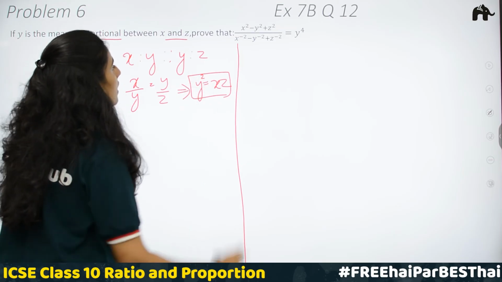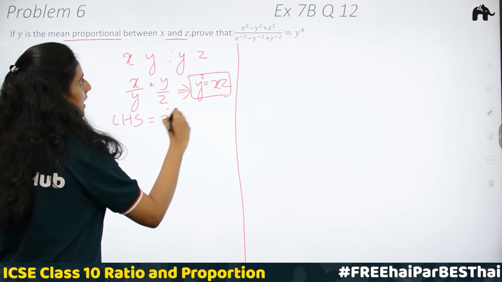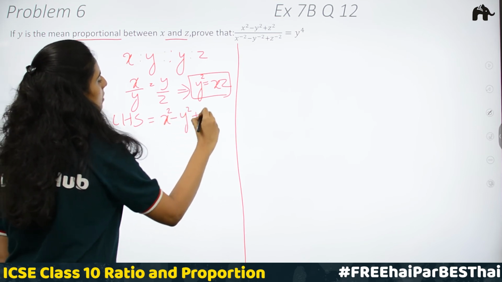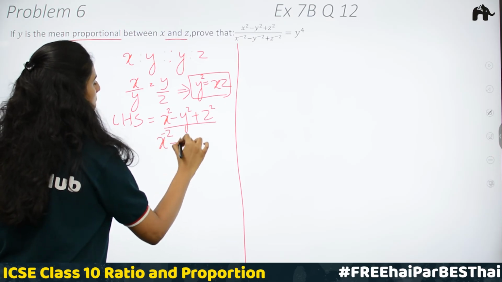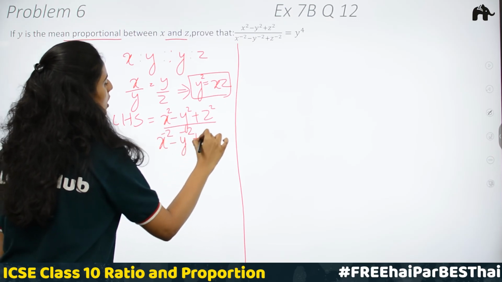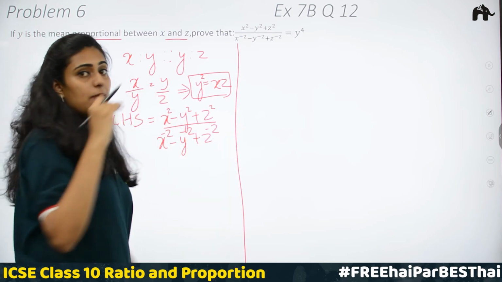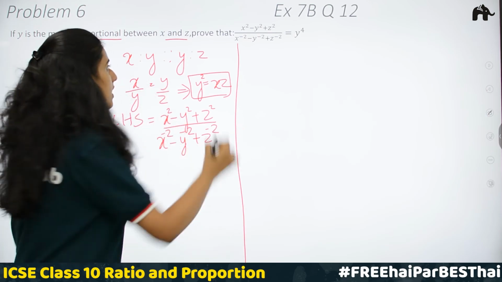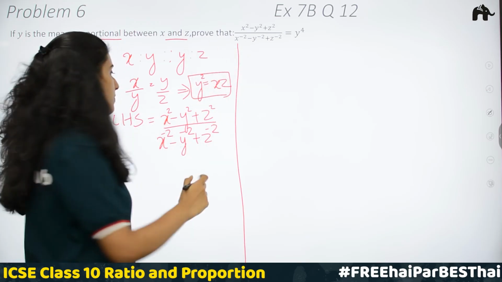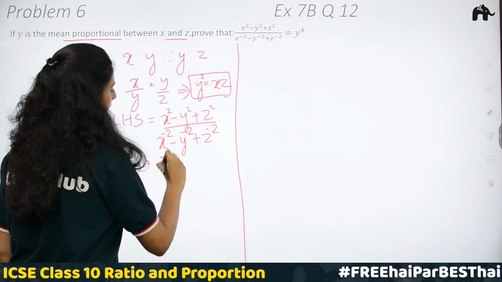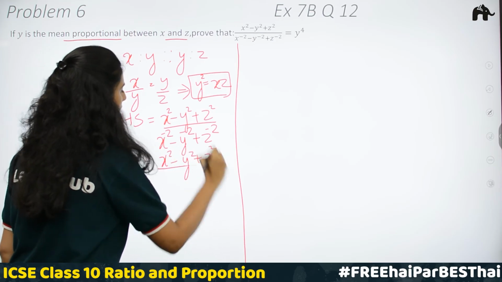Now let us take the LHS. LHS we have (x square minus y square plus z square) divided by (x raised to minus 2 minus y raised to minus 2 plus z raised to minus 2). We know 1 by x is x raised to minus 1. Therefore, x raised to minus 2 can be written as 1 by x square. We will rewrite this. x square minus y square plus z square is the numerator.